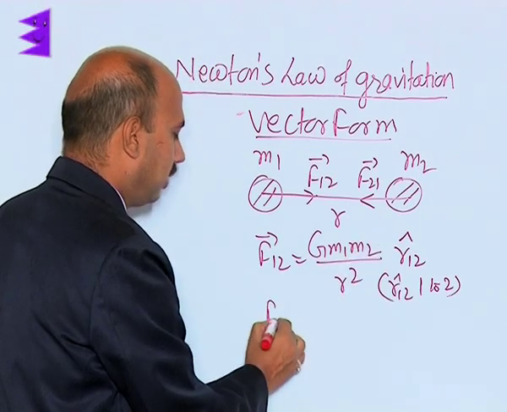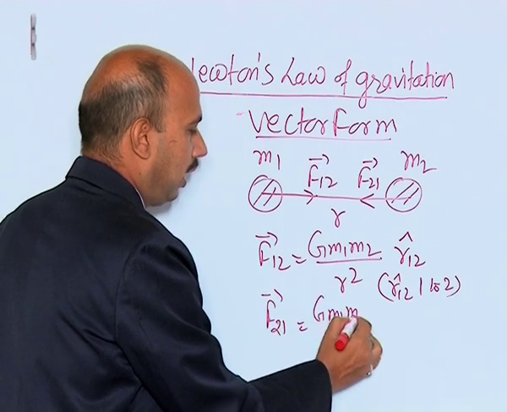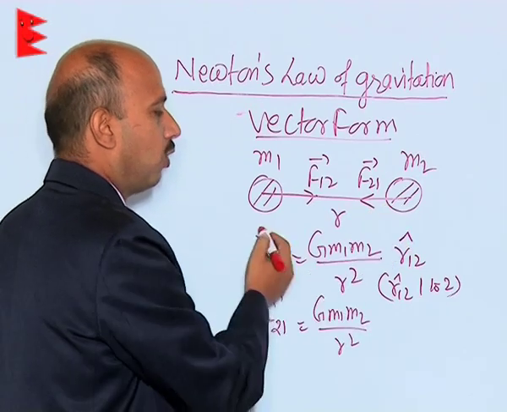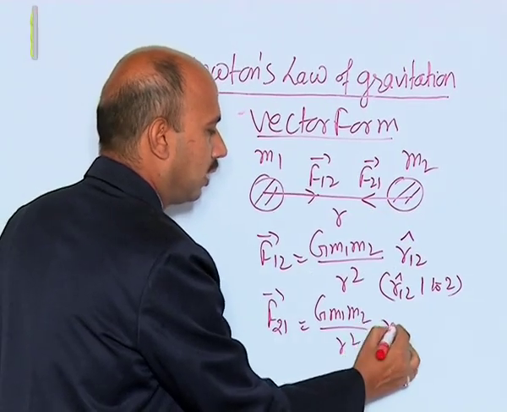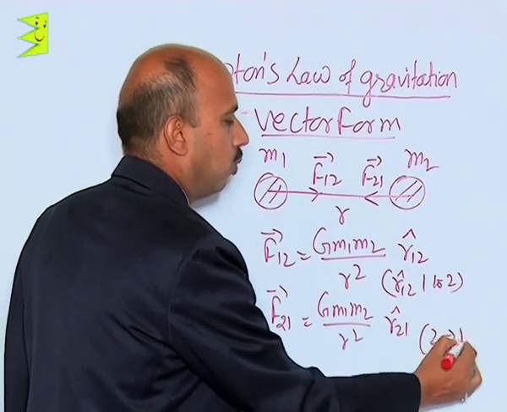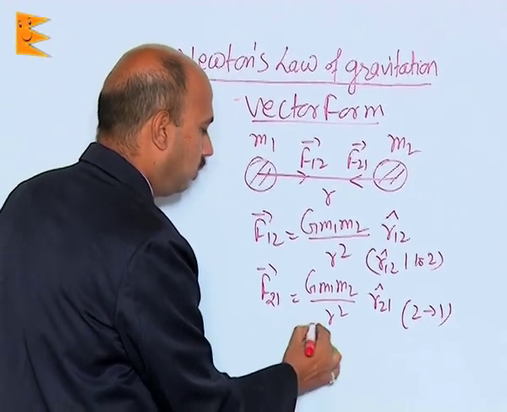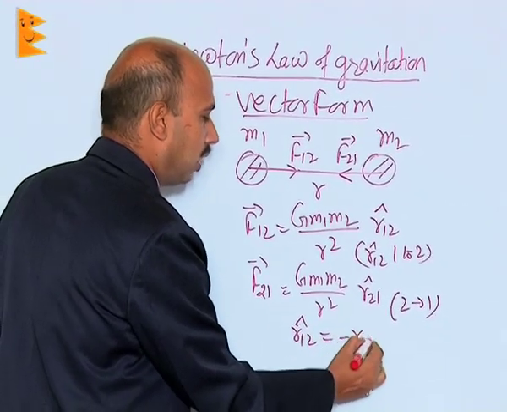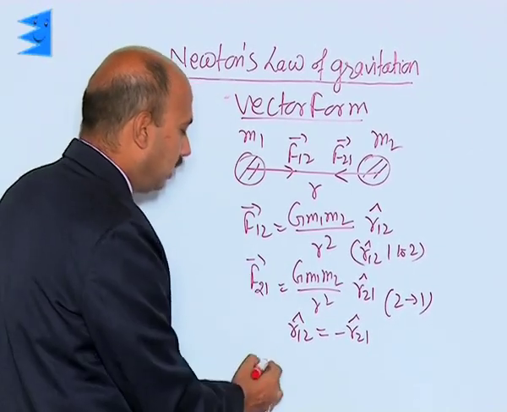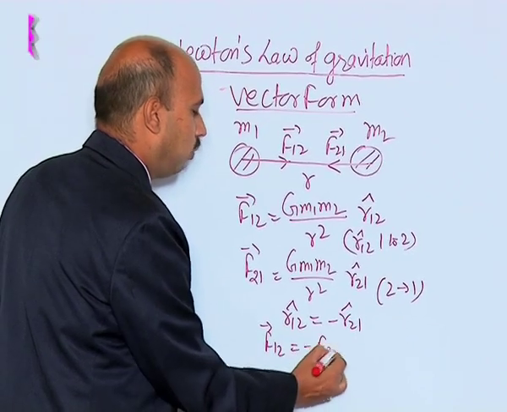Similarly, we can write F21 is equal to G m1 m2 divided by r square, and now this is acting from 2 to 1. So we can write the r21 unit vector, and this direction is from 2 to 1. Now, we can see the r12 unit vector is equal to minus r21, they are opposite in direction. So we can write F12 is equal to minus F21.